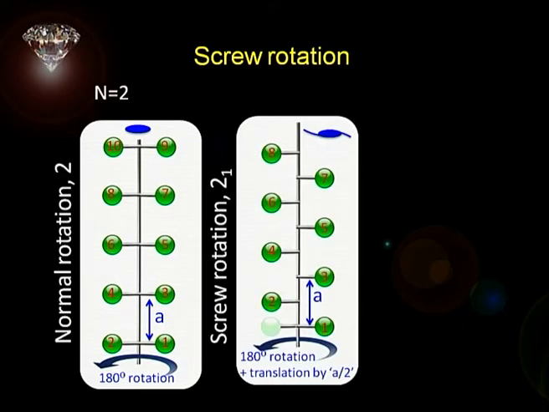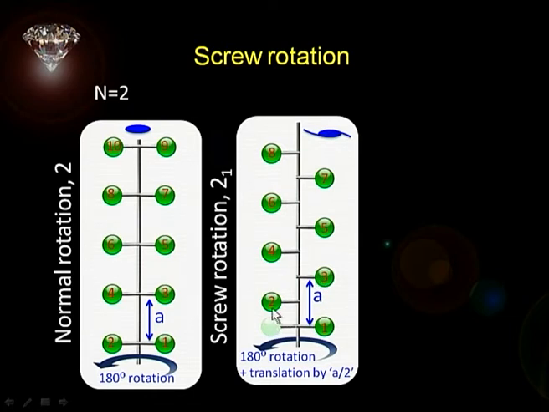But suppose you have an arrangement of this kind, that means the lattice happens to be 1, 2, 3, 4, 5, 6 and so on. How do I go from 1 to 2? I start from 1, make a rotation by 180 degrees, so I come somewhere here. Then I translate, I move in this direction by a distance a by 2, where a is my repeat distance, from here to here is a.